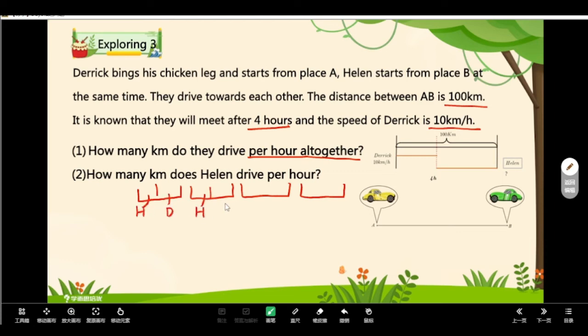Helen goes this much and Derek goes this much. Can you understand this? This is the total distance that Helen and Derek go within 1 hour.